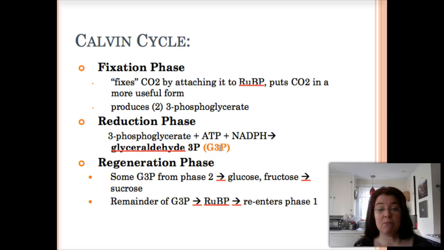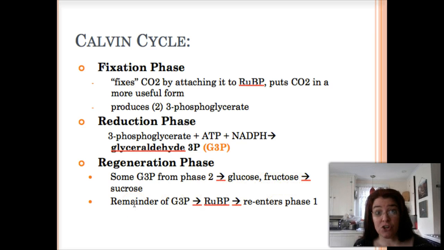This G3P molecule is then fed into the regeneration phase. G3P is used for 2 different things. It's split up. Some of the G3P is used to create glucose and other carbohydrates like fructose.